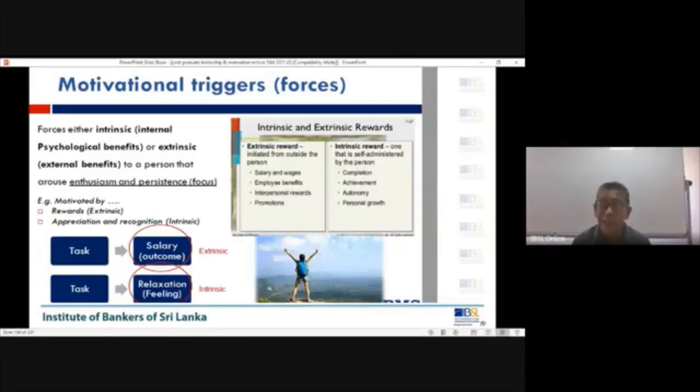Now suddenly you get a pain, you need to release your bladder. So you are trying to fulfill your need. Once you complete it, you can see the relief you are getting. So achievement, once you achieve your targets, and personal growth are all intrinsic rewards.